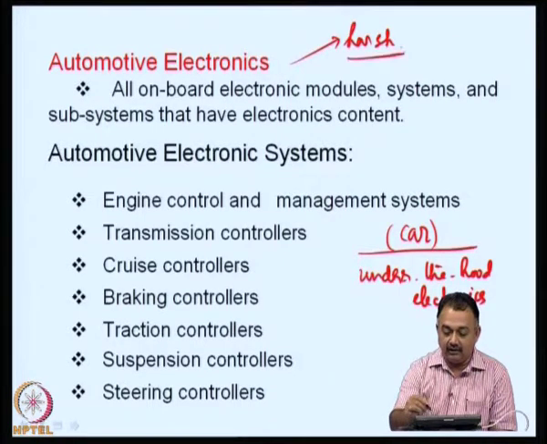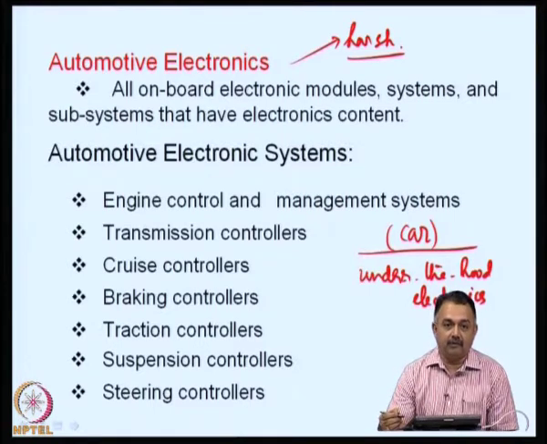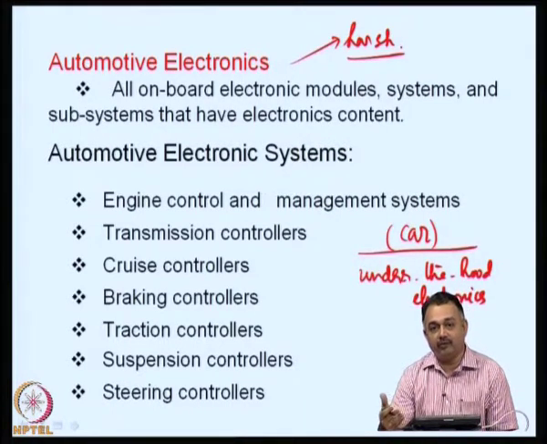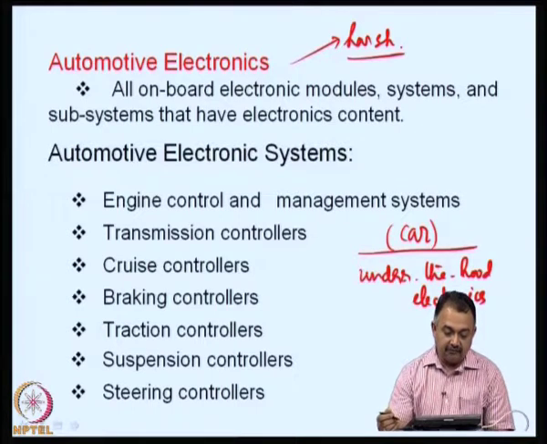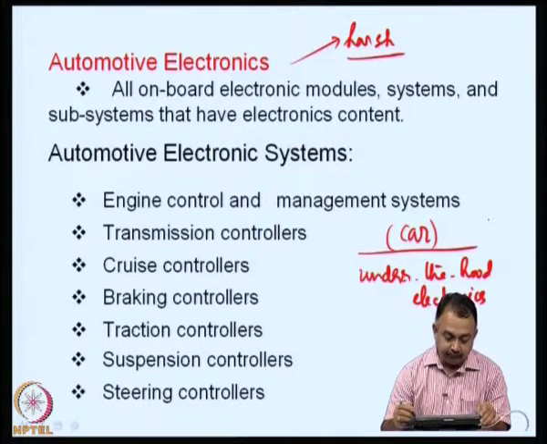So, the packaging engineers or design engineers for systems and subsystems that work with automotive electronics need to be aware of the harsh environment that the system will have to work in reliably over a period of time. Let us look at the representative products in automotive electronic systems. The first thing is engine control and management systems, very important.